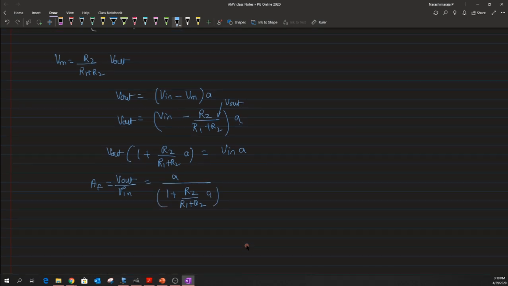This is our very familiar expression where one could map the ratio R2 divided by R1 plus R2 as the factor beta. Hope that you are clear with this.